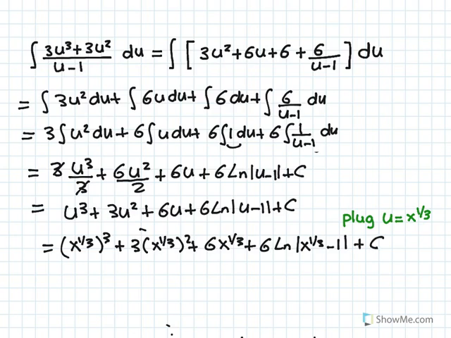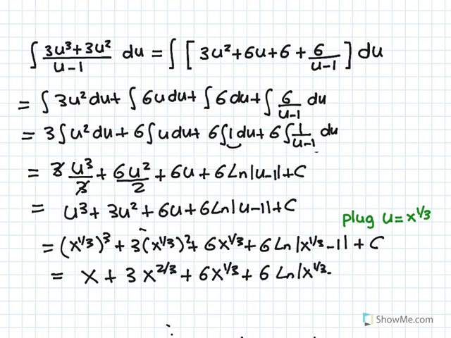Simplifying further, we get (x^(1/3)) cubed, that's just x, plus 3 times x^(2/3), plus 6 x^(1/3), plus 6 log of x^(1/3) minus 1 in absolute value, plus c. This is the answer. All right, thanks.